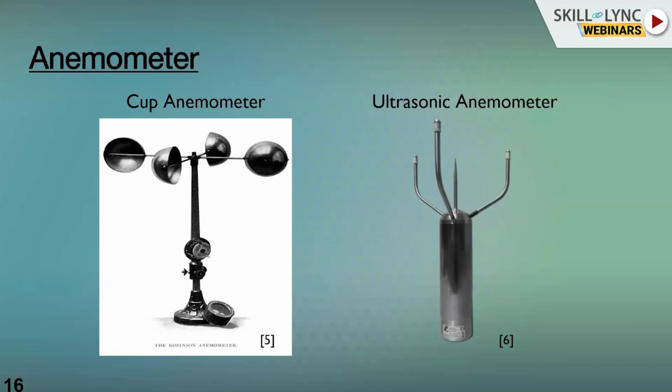In some cases, it is difficult to use the cup anemometer because of icing formation and weather conditions. In that case, the ultrasonic anemometer is the latest one. Accurately, it will sense the wind direction, and even very low wind it will sense, and it will communicate to the turbine.